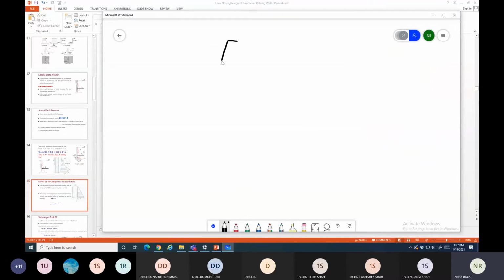So suppose this is my cantilever retaining wall. This is only a line diagram I am showing you.